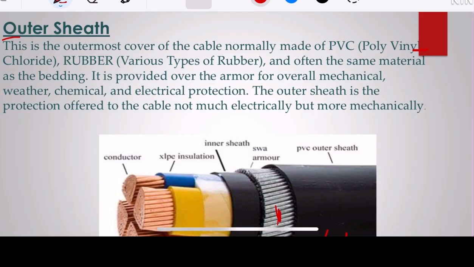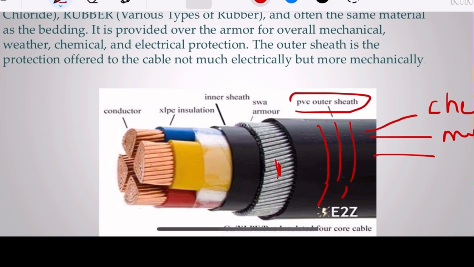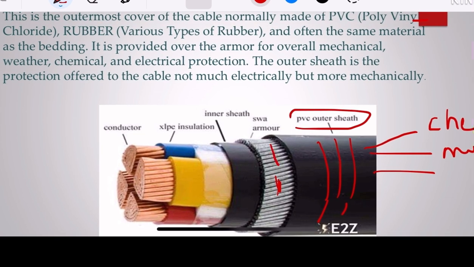Okay, now let us move to the last part of the cable, that is the outer sheath. This is the outer sheath of the cable. This outer sheath is giving protection against the atmosphere, like against any chemical, against moisture, against humidity, and it is also giving covering to the steel wire armored or aluminium wire armored or any other type of armor like steel tape armored.